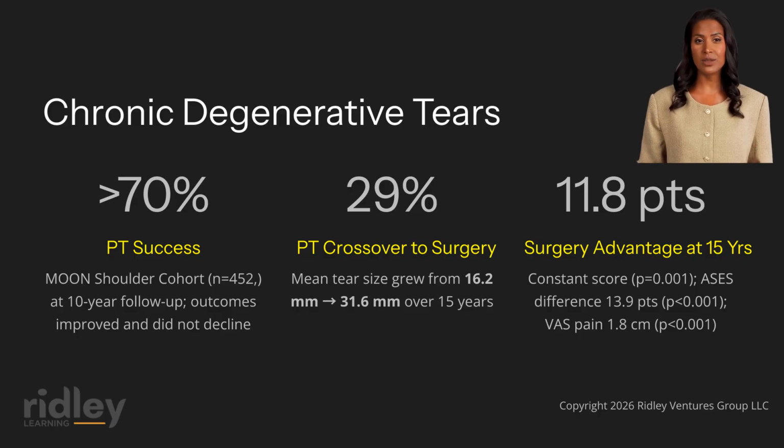In the physiotherapy group, 29% crossed over to secondary surgery, and mean tear size increased from 16.2 mm to 31.6 mm over 15 years.